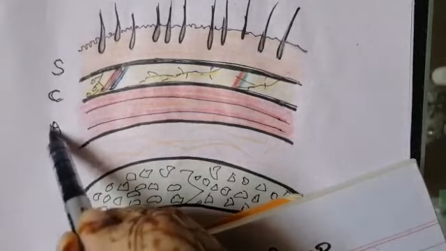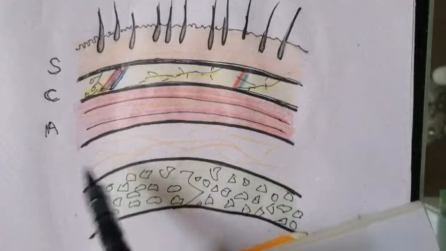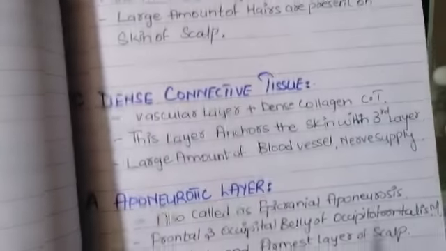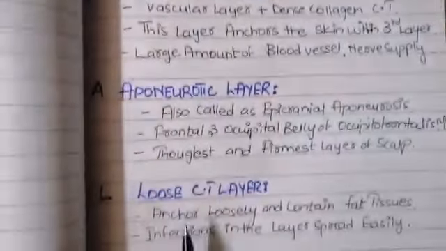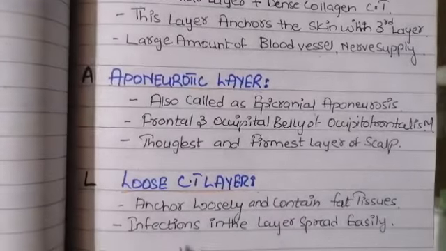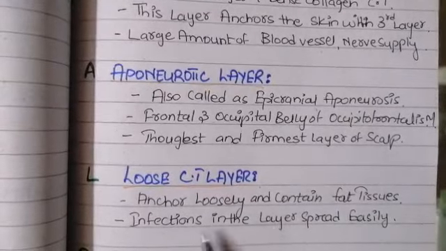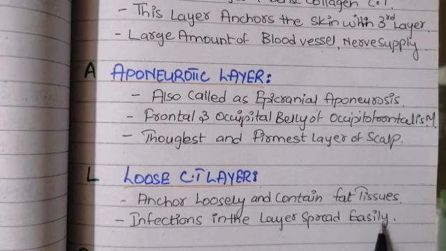The third layer was the aponeurotic layer. Here comes the A. The fourth layer is the loose connective tissue layer. This layer is loosely connected and contains a large amount of fat tissue. This layer is very vulnerable to infections, so infections in the fourth layer of the scalp spread very easily.